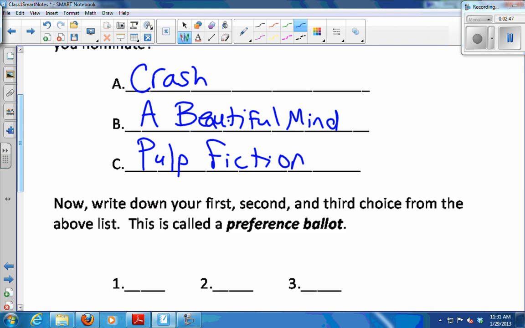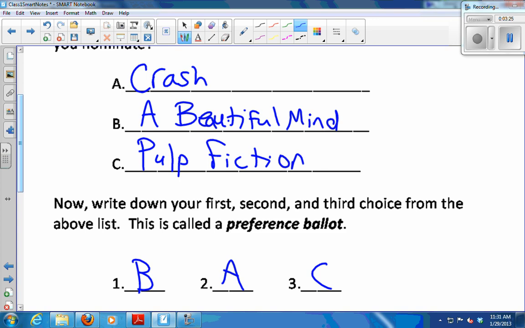Just quickly jot down what's your first, second, and third choice of these 3. So let's see, I think mine would be... all right, everybody have their choices written down?